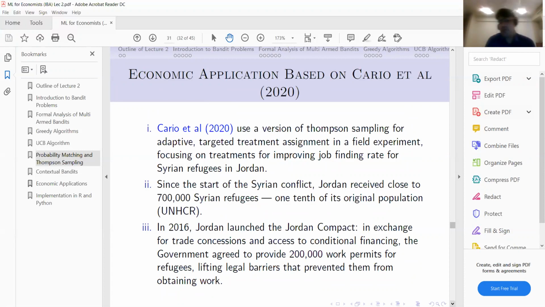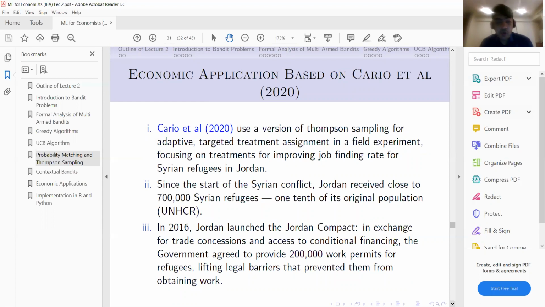Since the Syrian conflict, Jordan has received refugees amounting to close to 10% of its original population size, around 700,000, based on UNHCR figures. There was a concern that because of legal restrictions, the refugees could not find work. That creates a lot of unrest, because unemployment leads to all kinds of problems regarding crime and human welfare.